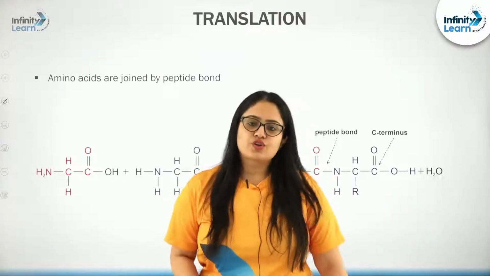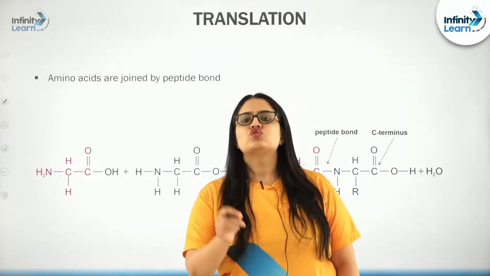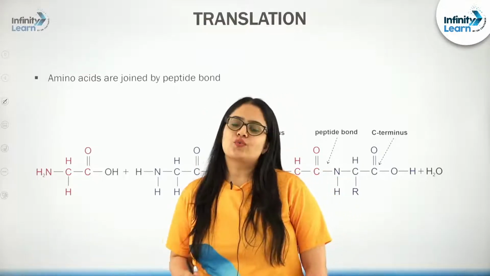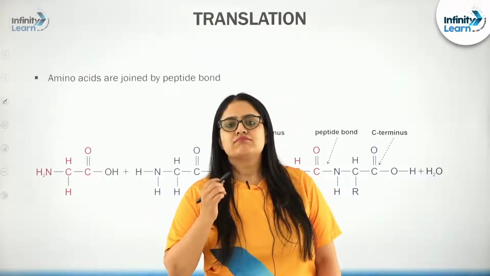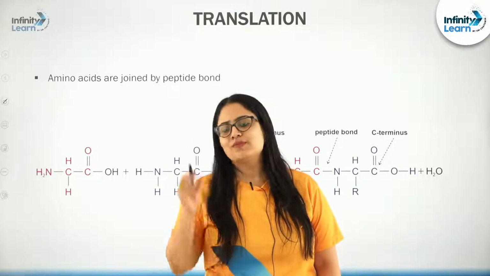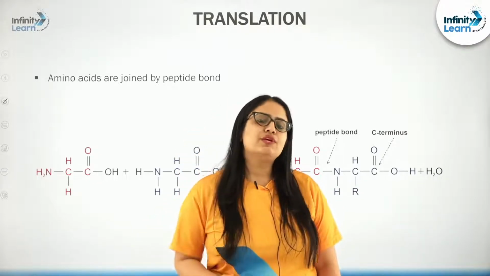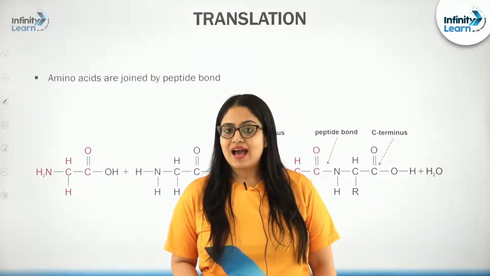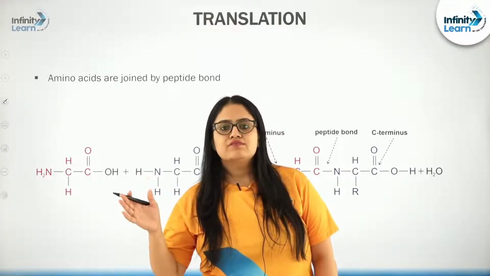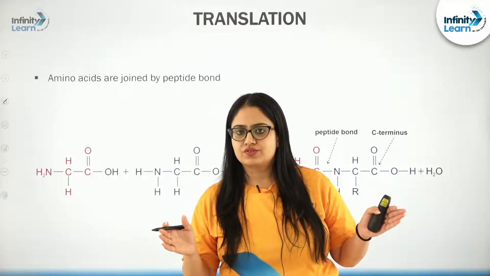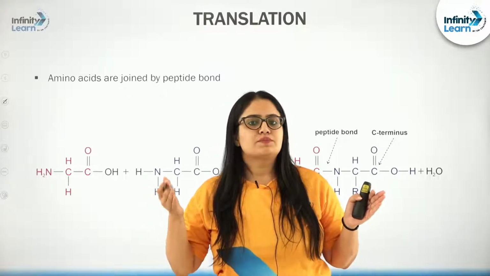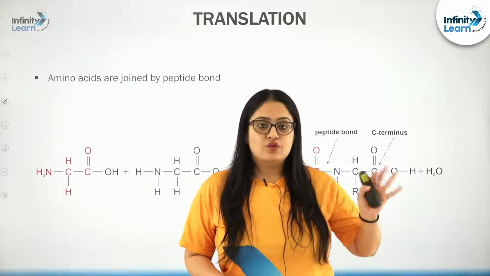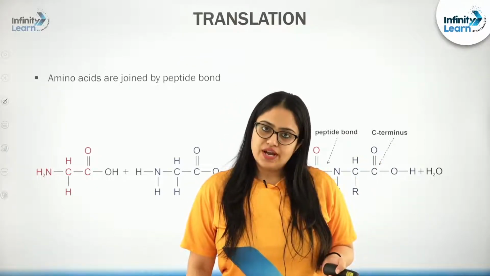What is the function of a peptide bond? It helps to bind amino acids, and I am pretty sure with your 11th class biomolecules knowledge, you must be aware of what an amino acid is made up of, right? An amino acid has an N terminus and a C terminus. N terminus means the presence of an NH2 group and C terminus means the presence of a carboxyl group, that is the COOH group, right?